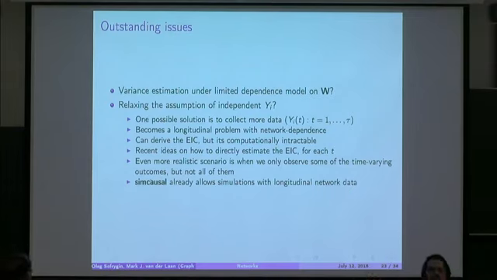For example, when you have a process over time, which is actually the case for most networks, even when the network itself is static, the outcomes generally happen over time, and the dependence over time grows. So you have to adjust for every single one.